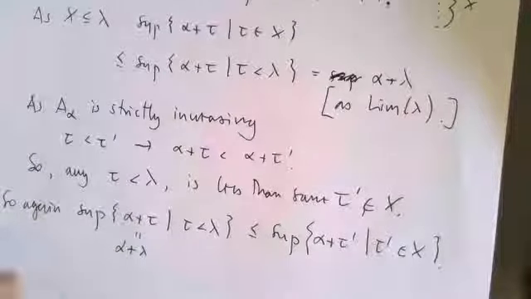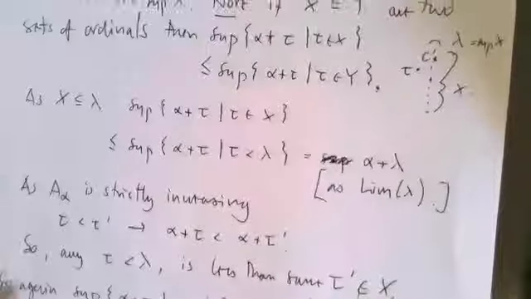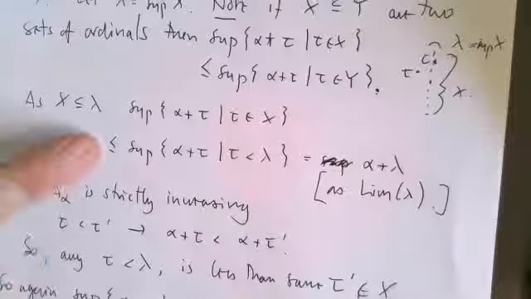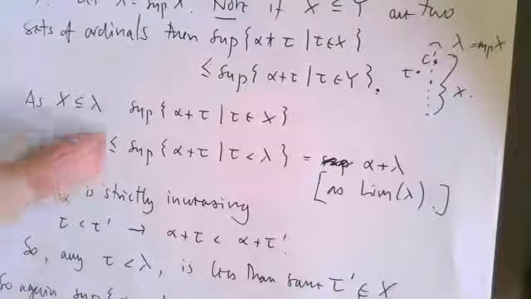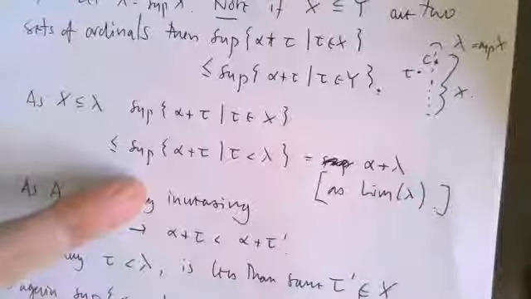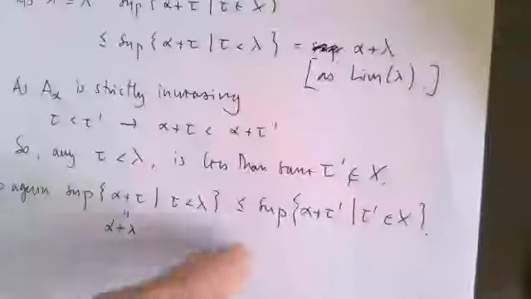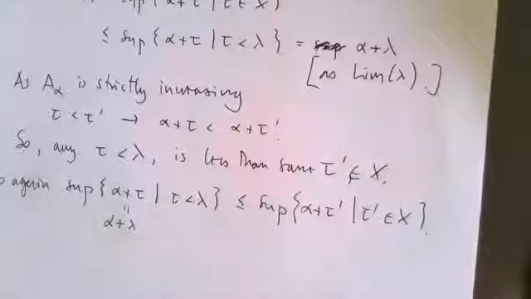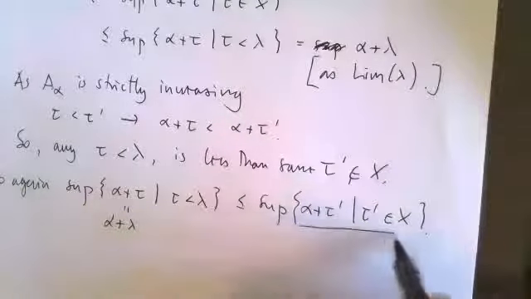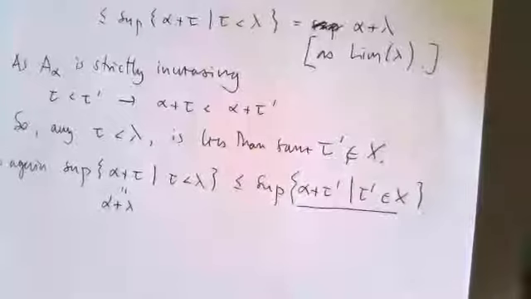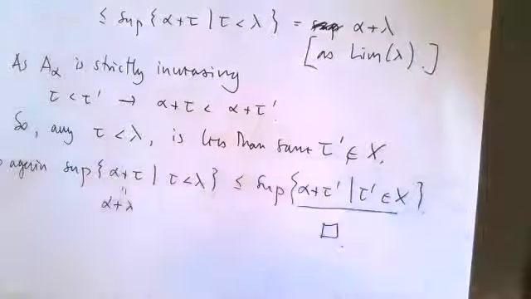I've said more or less the same thing twice, but that gives me the inequality in both directions. The supremum is less than or equal to alpha plus lambda, which is less than or equal to the thing in question. So that finishes part one.